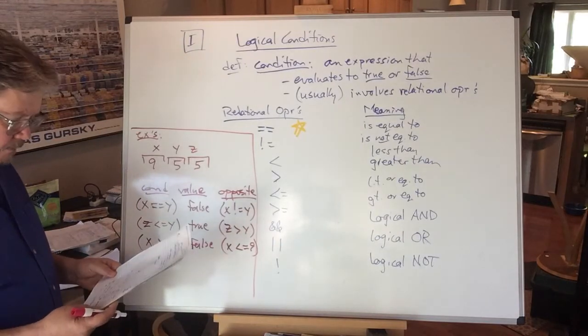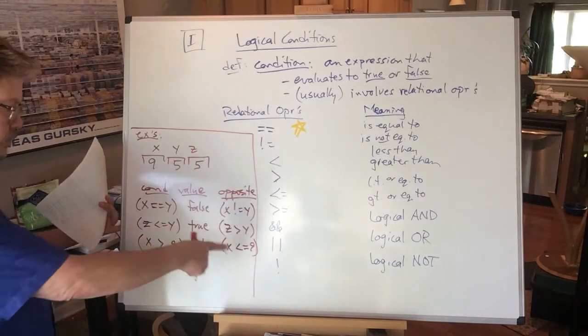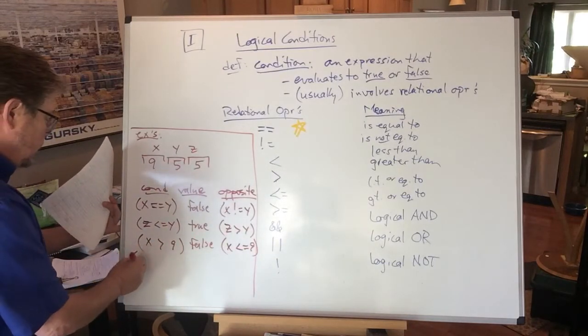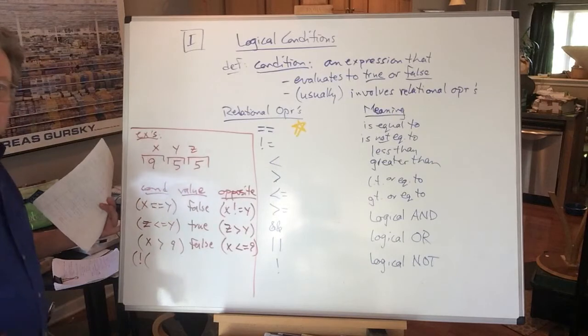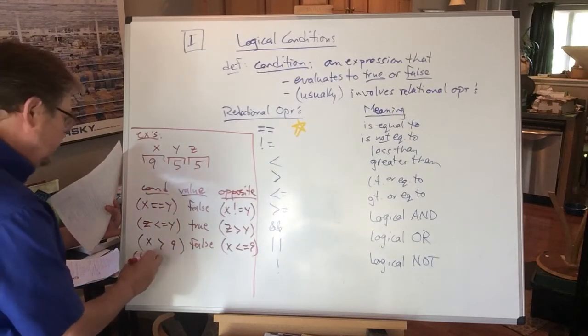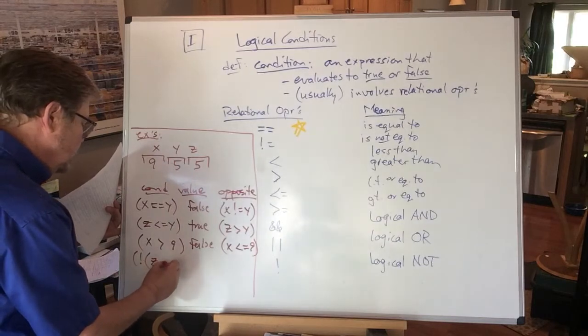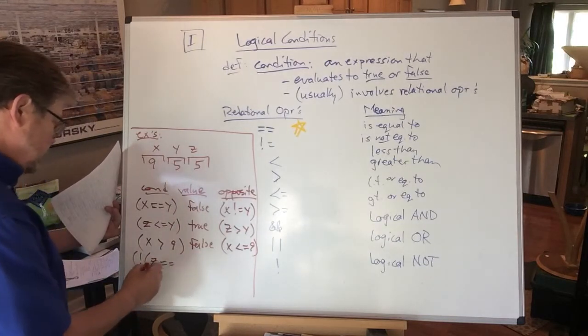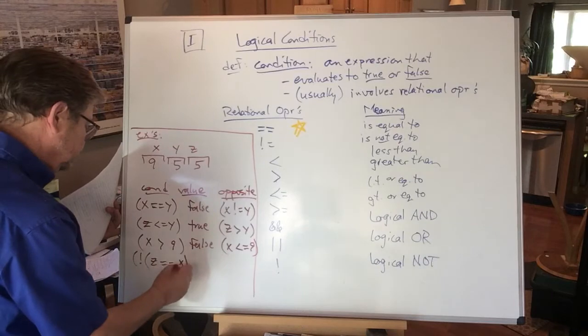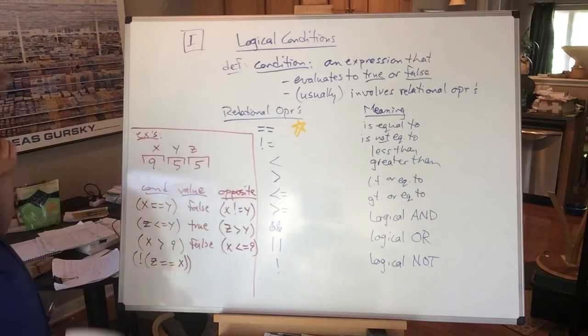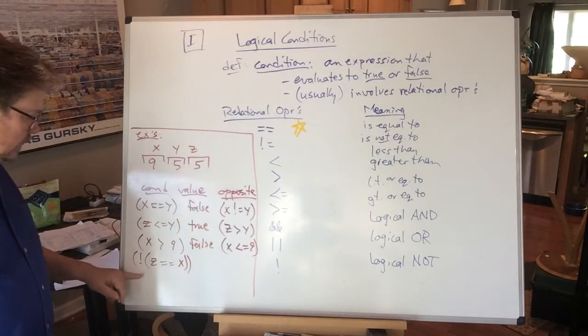That won't work. What about, let's rope in the logical not down there. I'm going to use a parenthesis, exclamation point, z double equals, what have I not used? Z double equals x. Well, let me see. That one has more than one piece to it here.